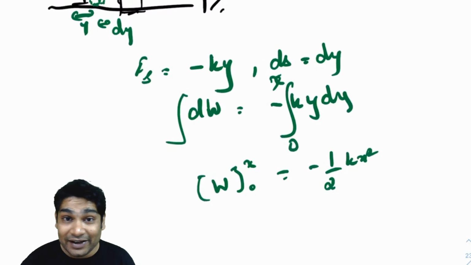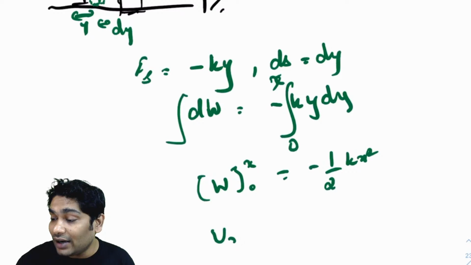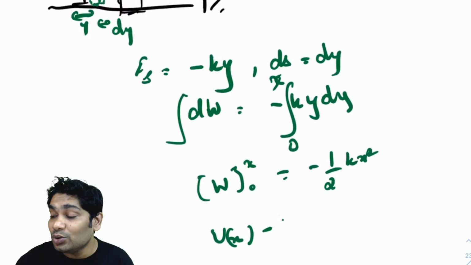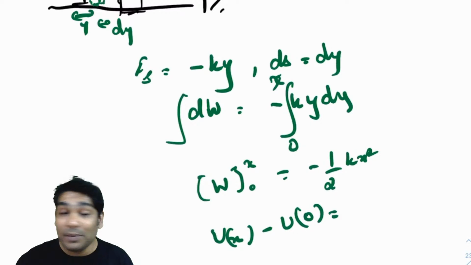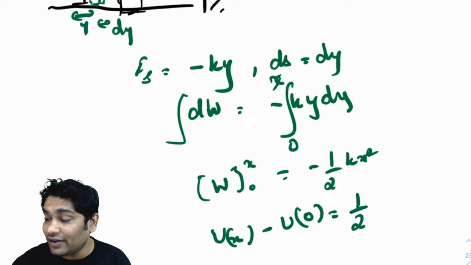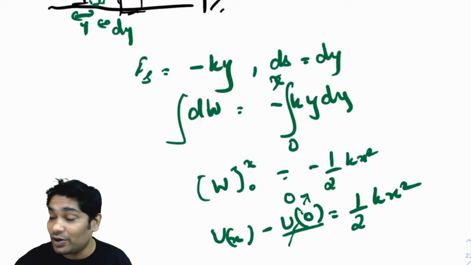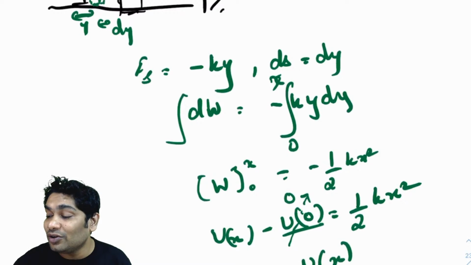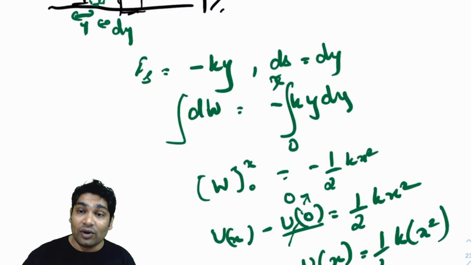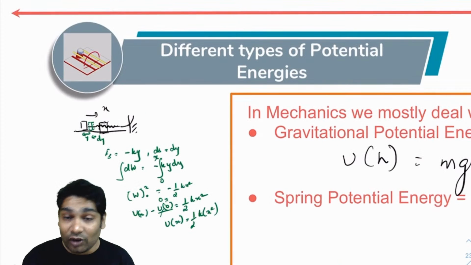Alright, and by definition, U at x minus U at 0 would be minus of this. So it will be half kx square. Alright, and U at 0 has been taken to be 0. This is my reference point. So what I know is that U of x equals half kx square. Now you will realize this will be the same expression even for elongation.